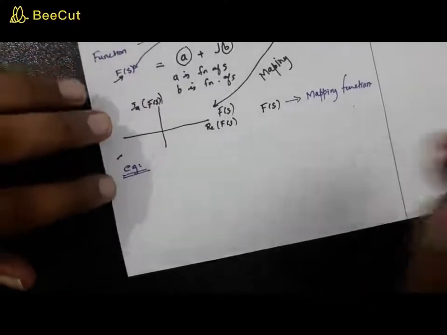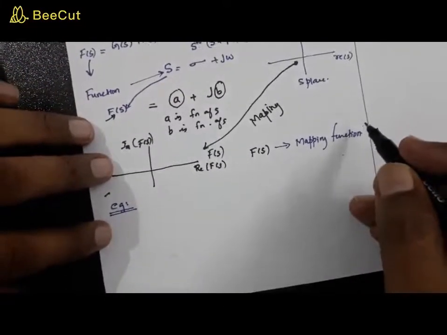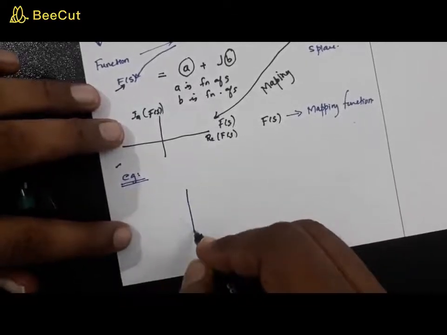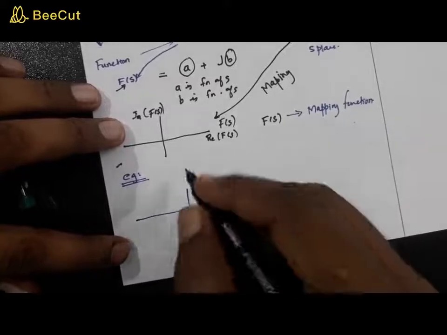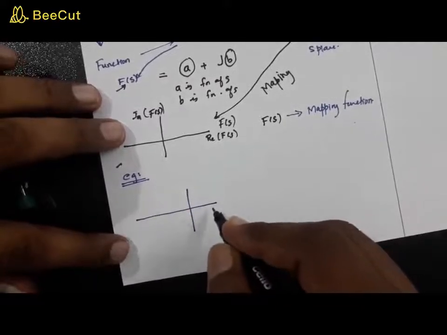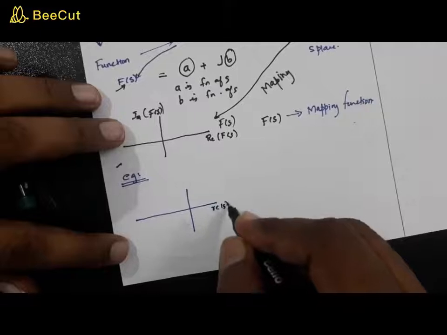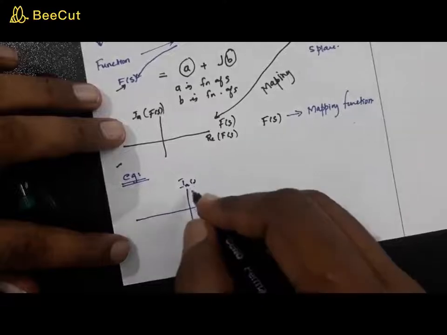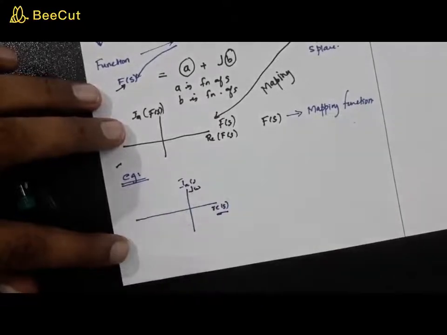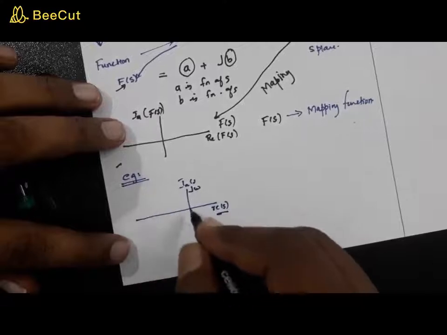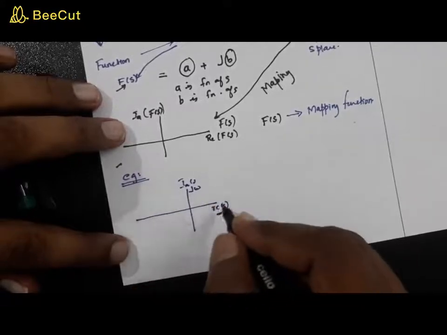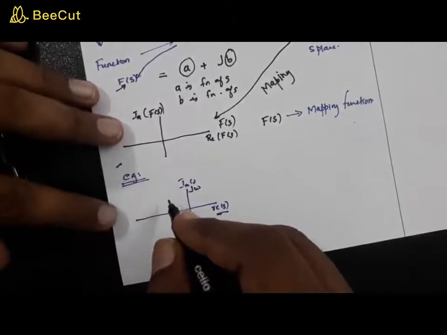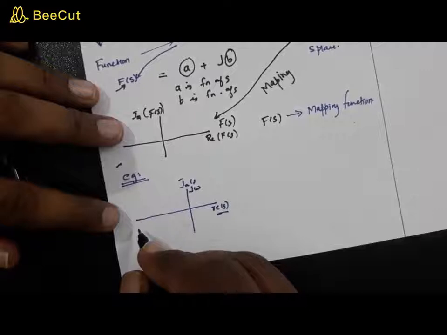In order to get the feeling of what I have just explained, I'm using an example. Say I am considering an S-plane, which you are very familiar with. This is the real axis of the S-plane and this is the imaginary axis, or you will call this sigma and j omega. Now consider you have points on the left half of the S-plane. This is the positive part, this is the negative part.